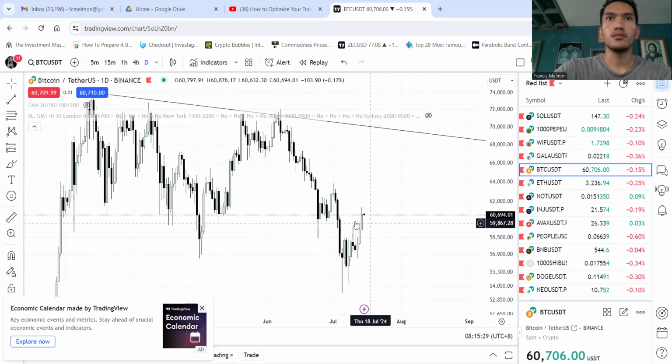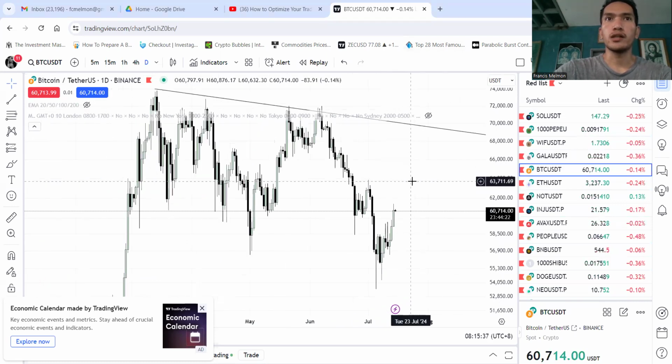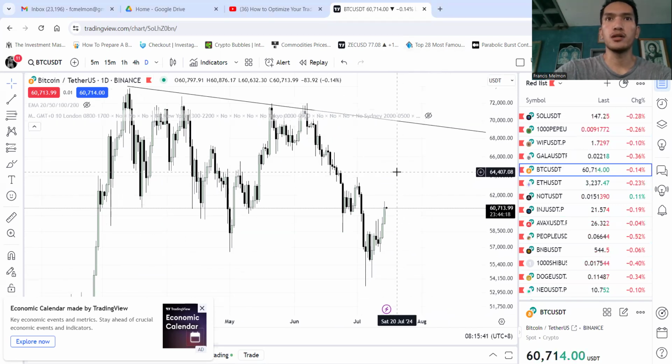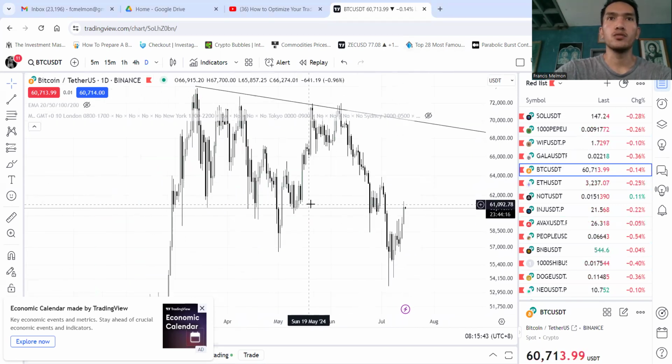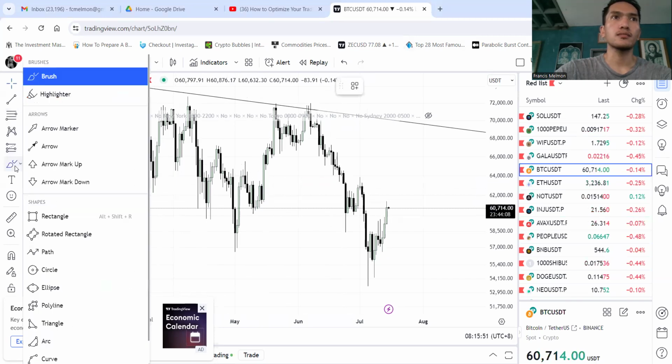we have closed a bullish candle for the previous day, which is Sunday. The only thing right now that I could see that may invalidate this bullish movement is that we are currently in the resistance. Okay?